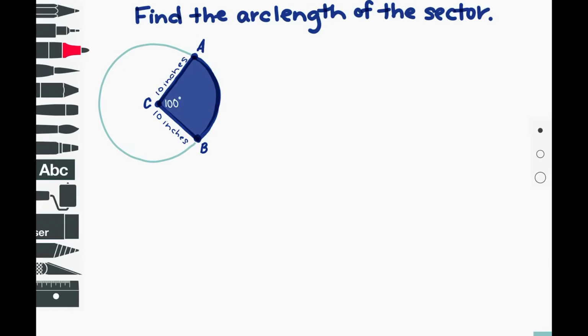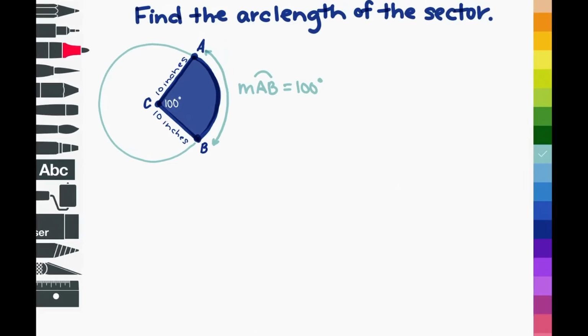The one that we did just a couple weeks ago, finding the arc length of a sector, because we were talking about arcs when we were learning about circles, and we learned that the measure of arc AB is 100 degrees, because the central angle is 100 degrees, so the measure of the arc is 100.